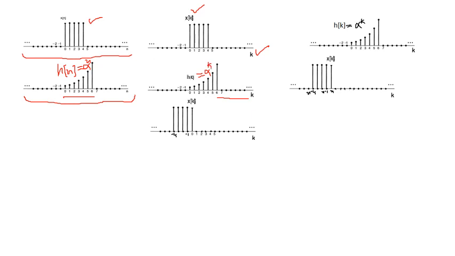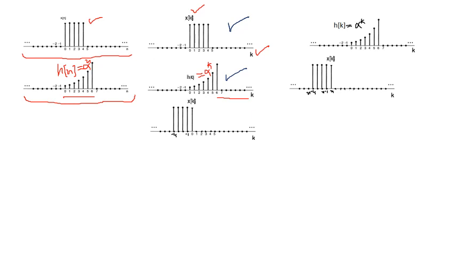The next step is to replace k by minus k, that is, reflect the signal, right? You understand, we can reflect any of the signals. We can reflect the input signal, which is x of k now, and we can also reflect the response signal, which is now alpha power k.